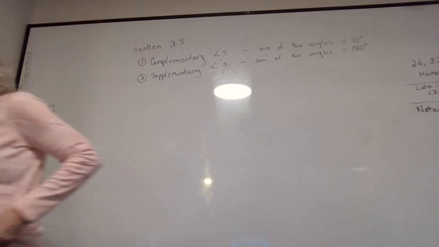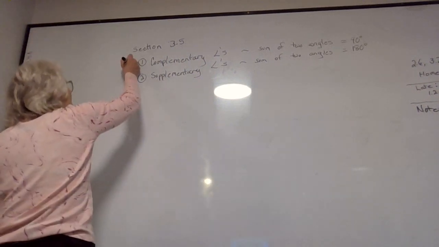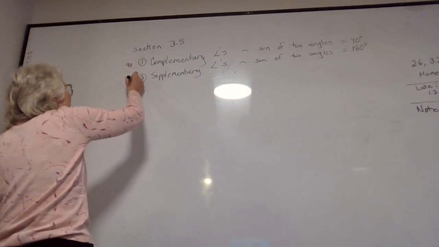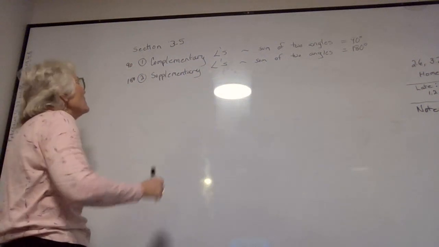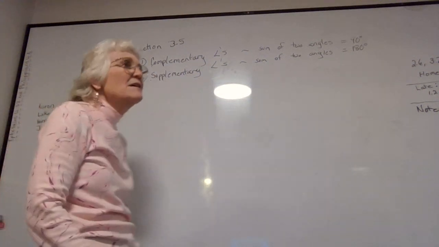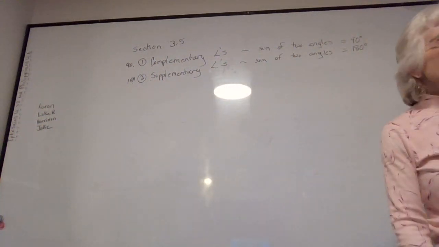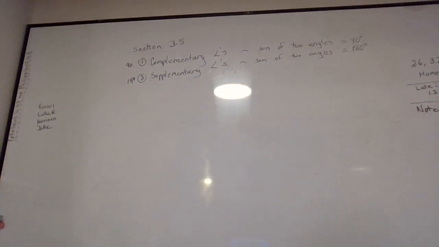C comes before S, so complementary, supplementary. 90 is smaller than 180, so because C comes before S, 90 comes before 180. That's how I remember which one's 90 and which one's 180. I'm just trying to give you some tricks, because you have to help yourself remember.